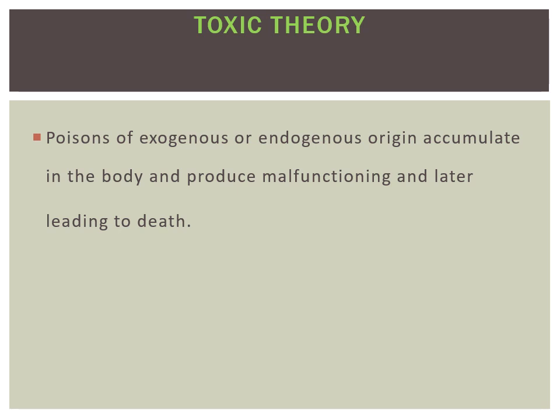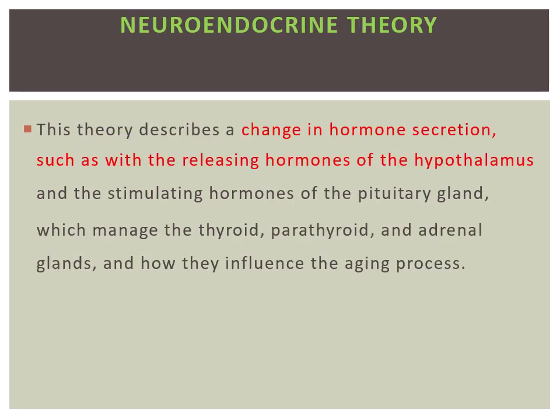Toxic theory states that cell damage is due to poisons of exogenous or endogenous origin, which accumulate in the body and produce malfunctioning, later leading to death. The next is neuroendocrine theory, which states that changes in hormone secretion, such as the releasing hormones of the hypothalamus and the stimulating hormones of the pituitary gland, which manage the thyroid, parathyroid and adrenal glands, influence the aging process.